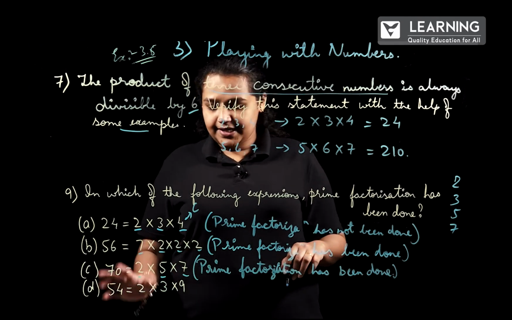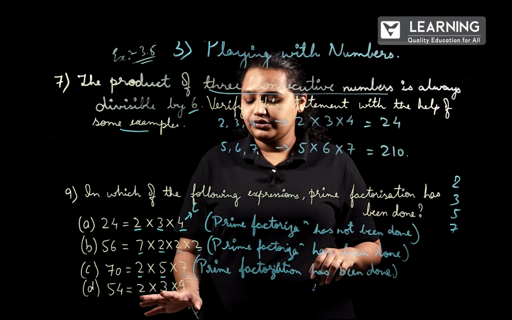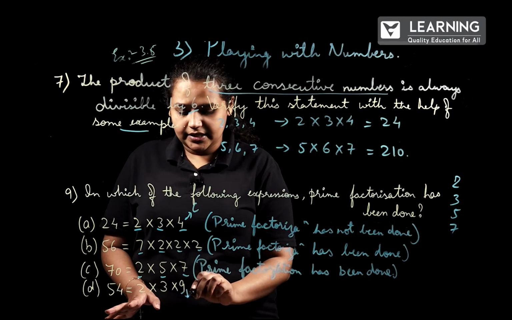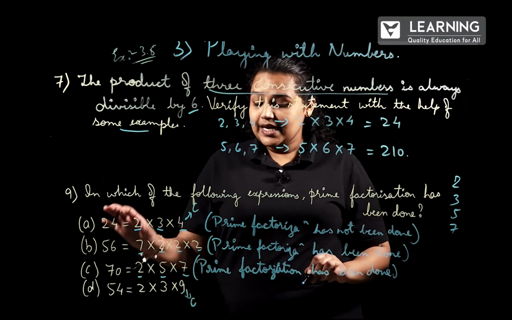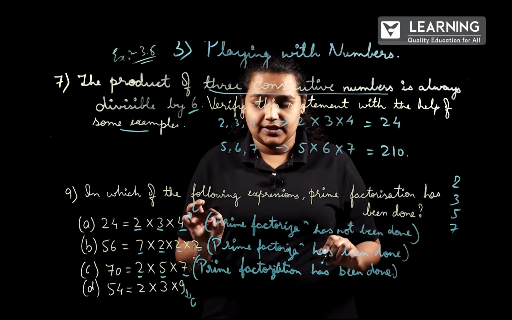Okay. So, the last expression is 54 is equal to 2 into 3 into 9. So, here 9 is composite, that is the reason this expression is not done with the prime factorization.